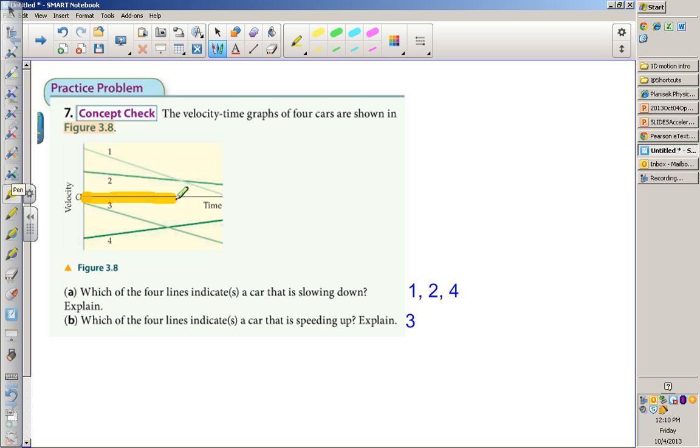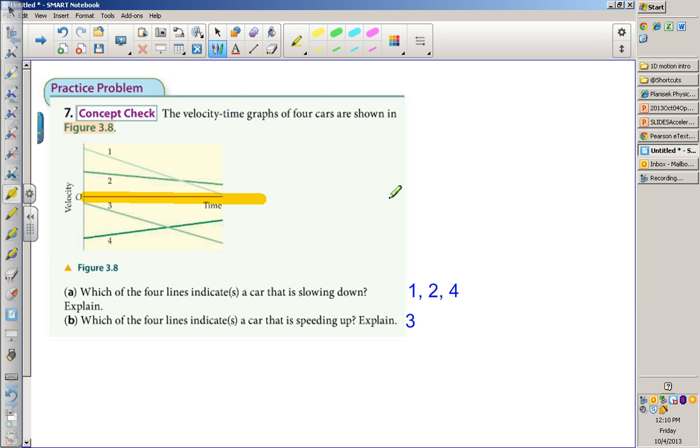This line right here, okay? That line that I just highlighted. On this graph, what does that line represent? If a graph shows up on that line, what is that saying about its motion?